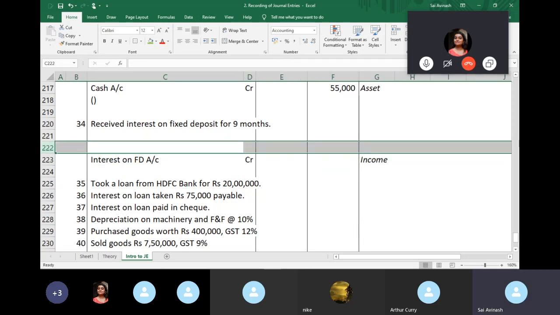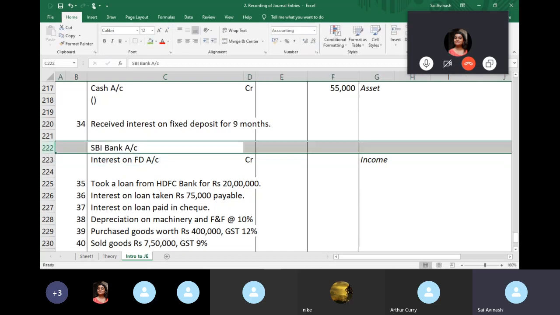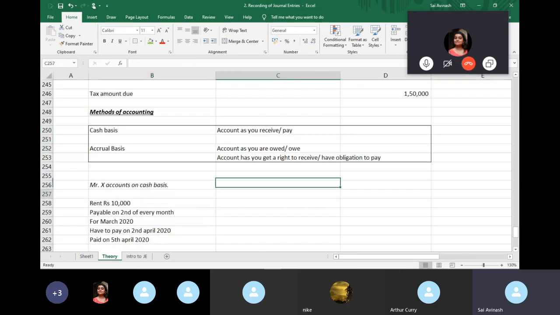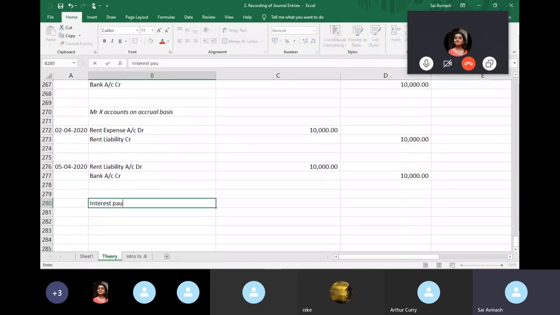Obviously, I'm going to be debiting my SBI bank account here because I'm receiving cash in my current account. Okay, I'll have to explain another idea. Some of you may know it. Have you guys heard of the word compounding? Interest payments, interest received on fixed deposit.